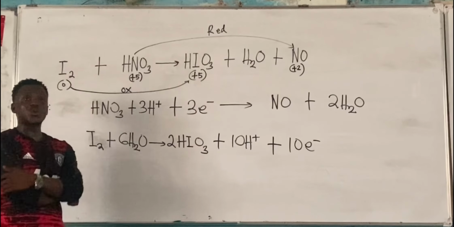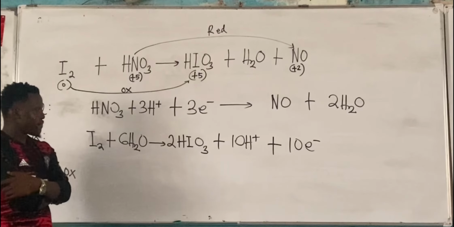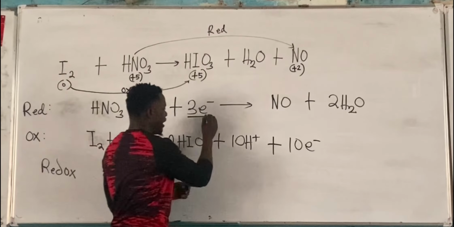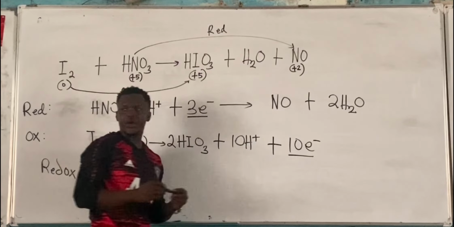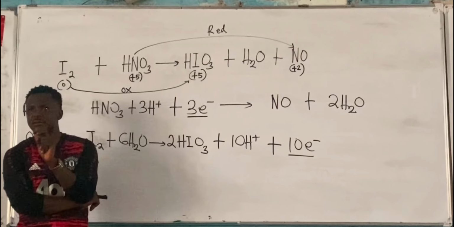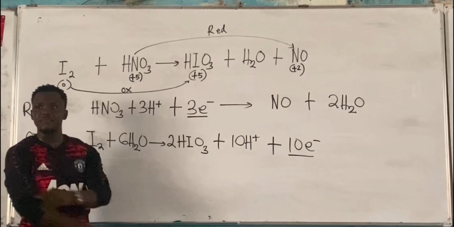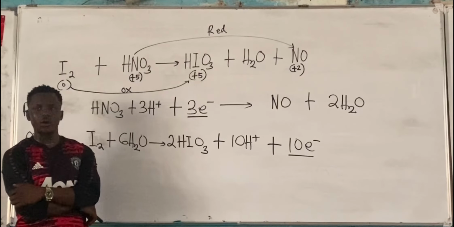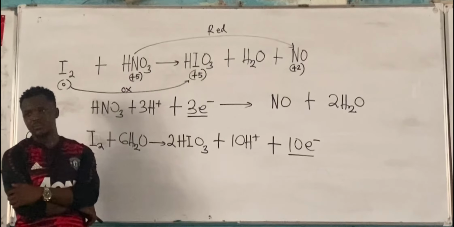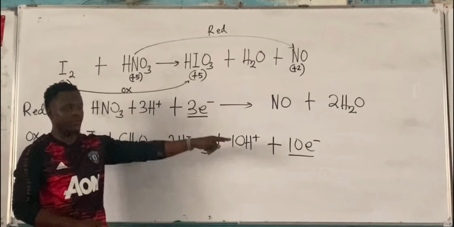Now the rule says use coefficient to ensure that electron gain is equal to electron loss. Class, we have 3 here and we have 10 here. This is what you're going to do. Is there any whole number that can be multiplied with 3 to get 10? There is no whole number. There is none.